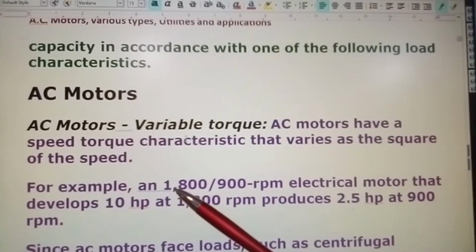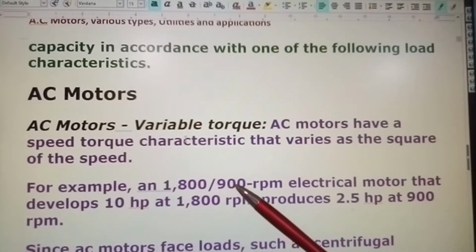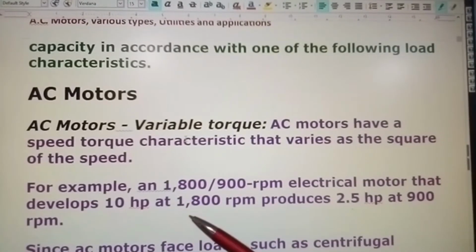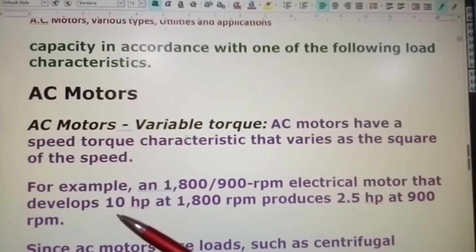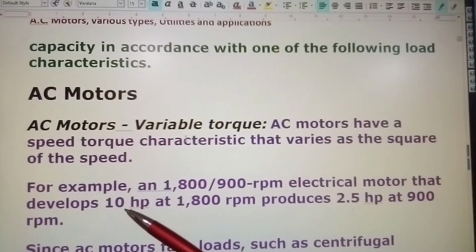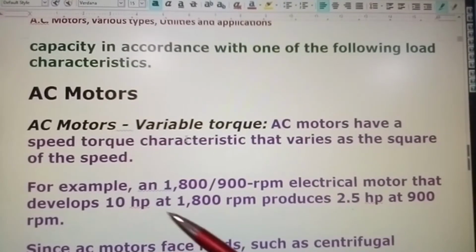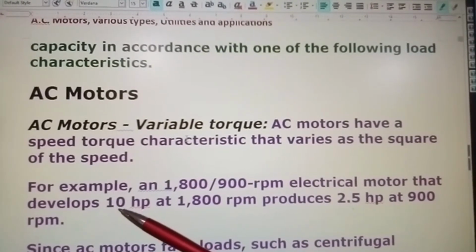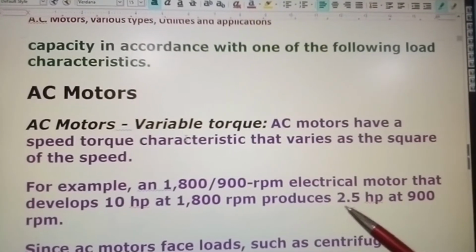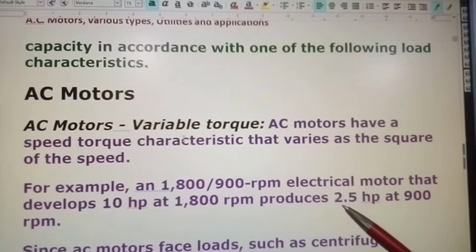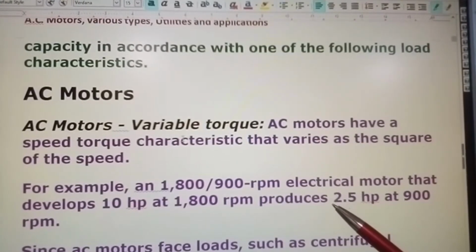So from your maximum speed to your lowest speed, you can see that the horsepower will be reduced. Now, if you're pulling a given load at 10 horsepower and you suddenly drop from 10 horsepower down to 2.5 horsepower, what effect will it have on that motor?